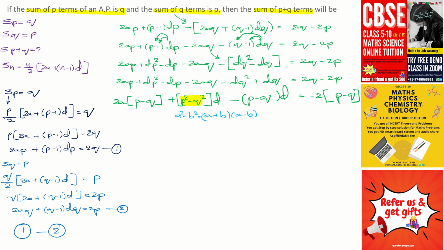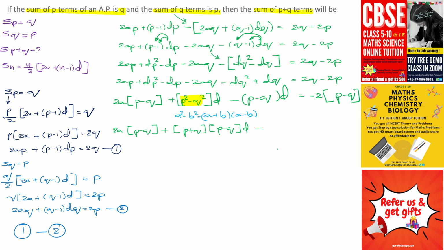So moving back to do one more step there. So 2a into p minus q plus, what is that value? It is going to be p plus q into p minus q, right? P plus q into p minus q into d minus, what is that value?